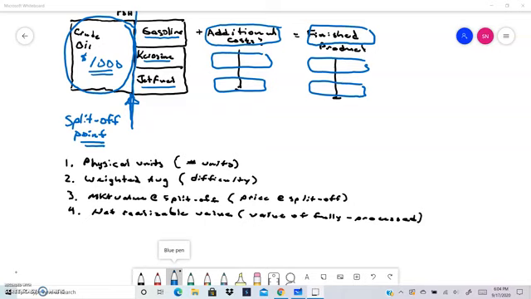Weighted average would be to weight the physical output based upon complexity. So for instance, if we produce the same quantity of all three, normally they would each get a third. But if it was twice as difficult to produce gasoline as kerosene, then gasoline would pick up twice the amount of costs that kerosene would. And so that would be factored into that calculation.